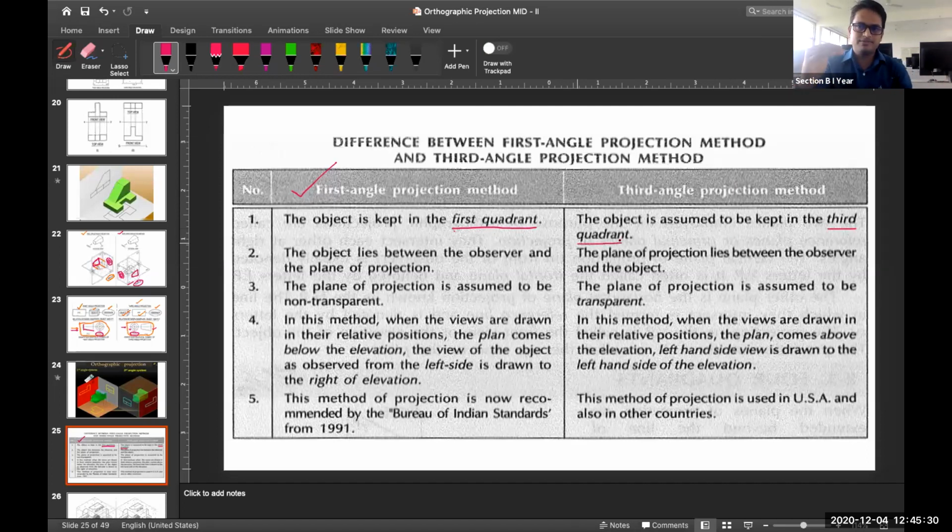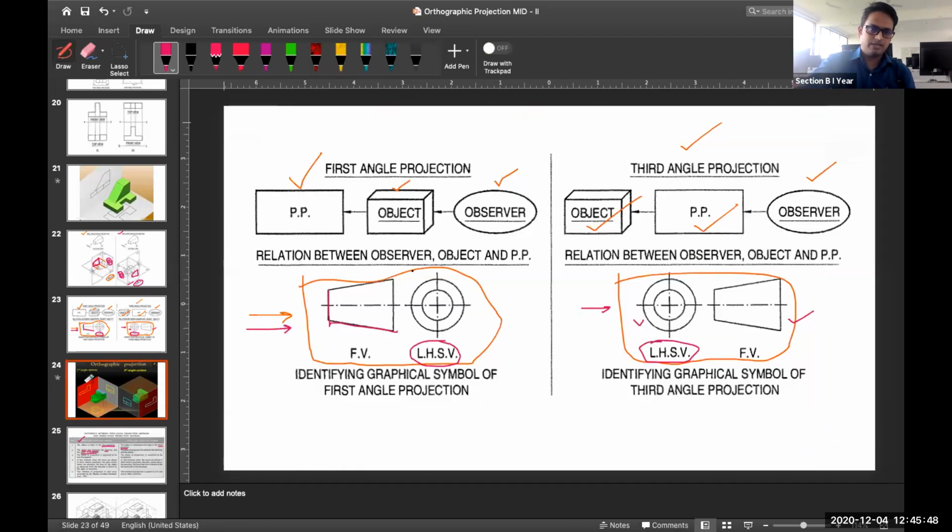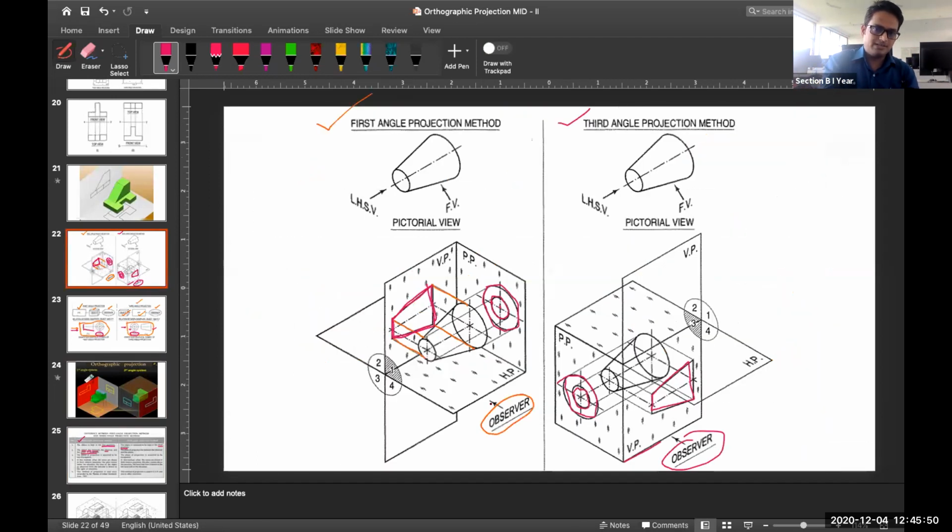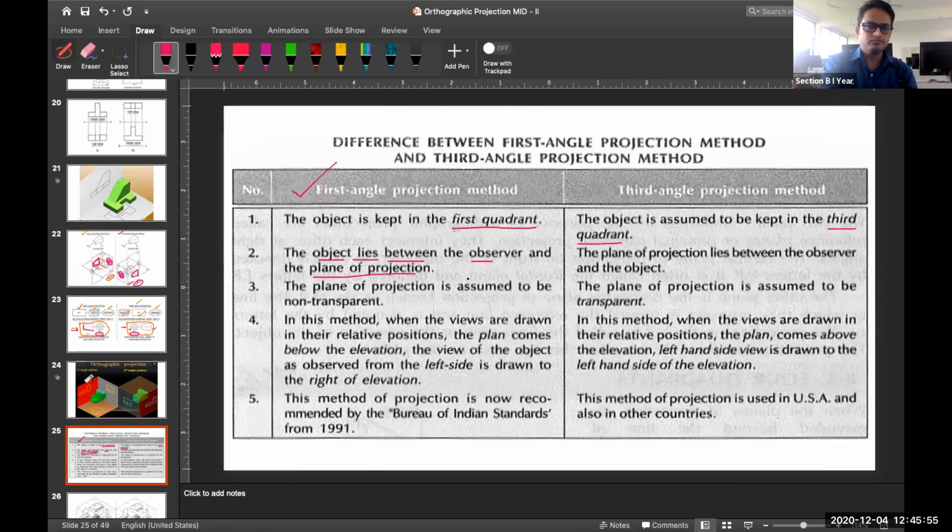Whatever we have seen till now, we are going to summarize it here. In first angle projection, the object lies between observer and the plane of projection. As you can see here, the object is lying between observer and plane of projection. In the third angle method, plane of projection is coming in between observer and the object.